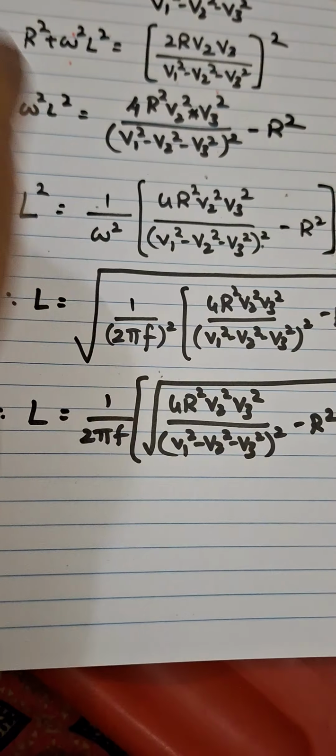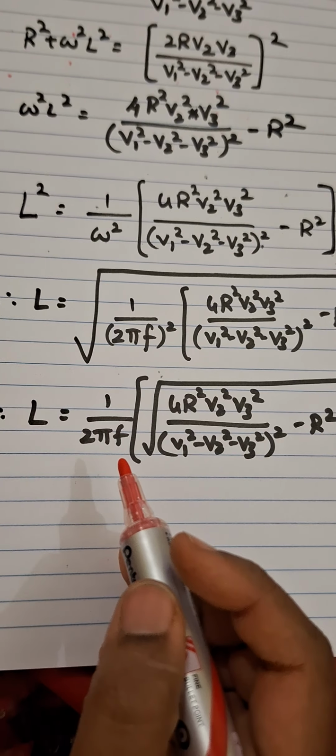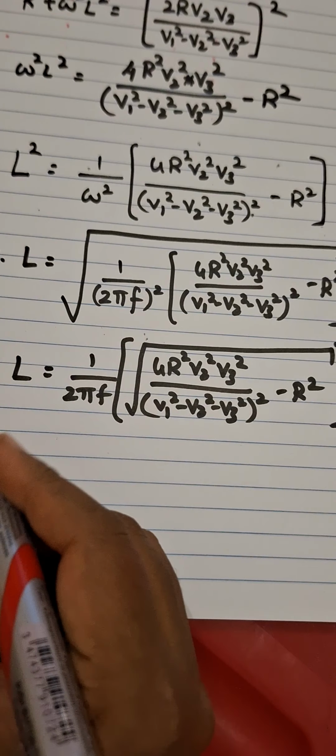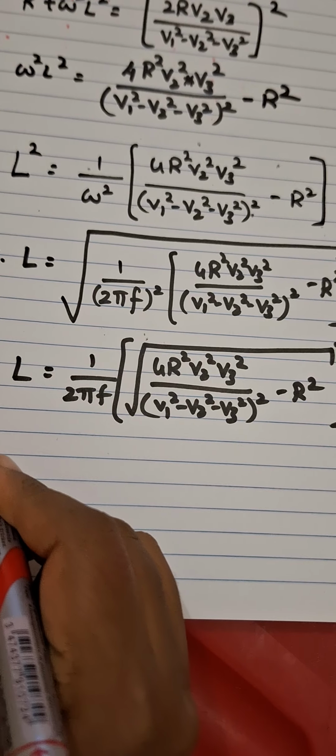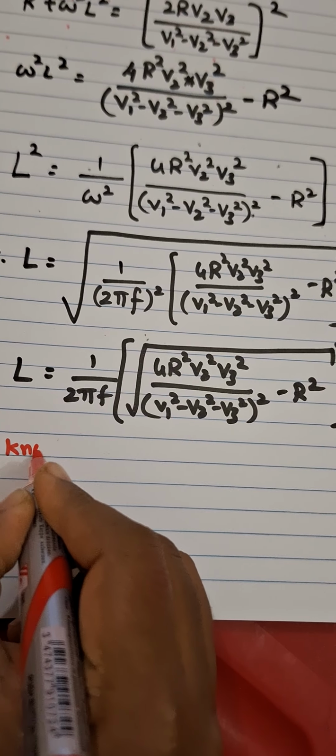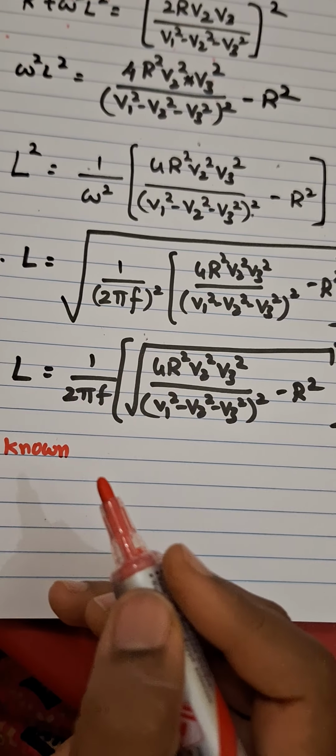Okay. Then what about the resistor value? Usually we know R1. R1 is a known value, because in this method we take the R1 known value only.